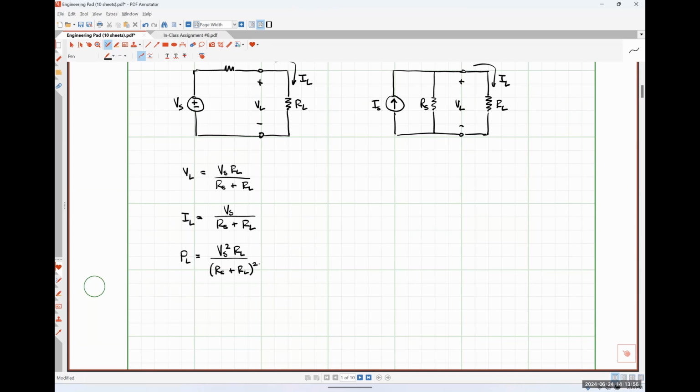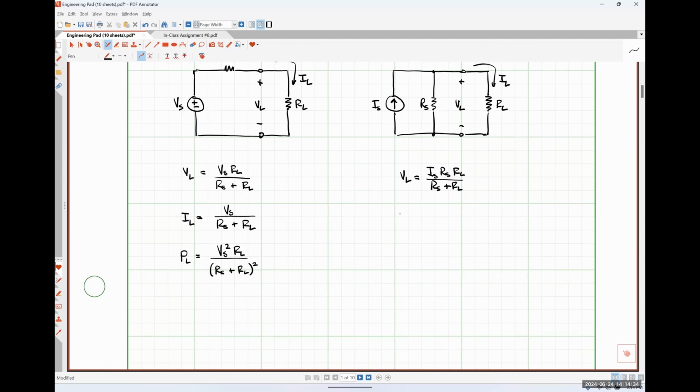Moving over to our practical current source circuit, we could find the voltage drop across our load by simply applying Ohm's law. So that's going to look like Is times Rs times RL over Rs plus RL, where Rs times RL over Rs plus RL is nothing more than those two resistances in parallel.